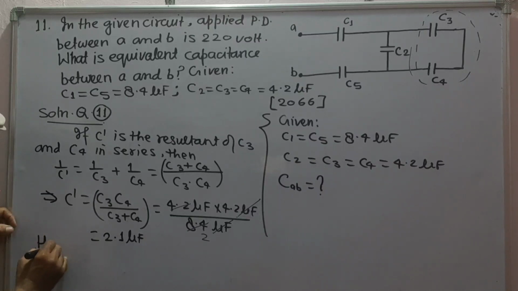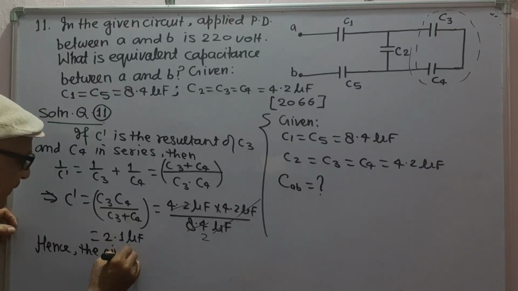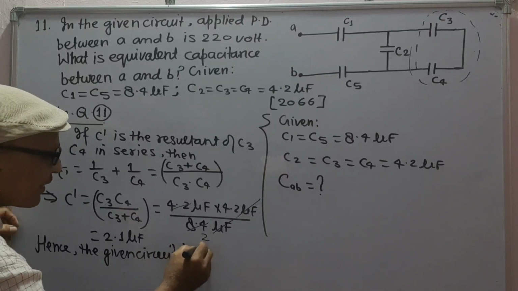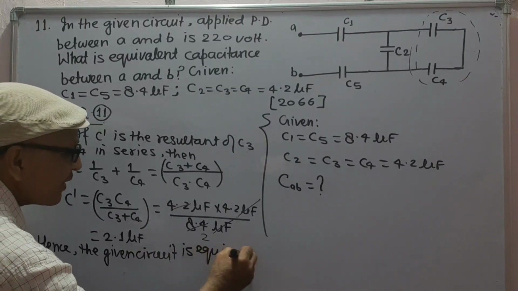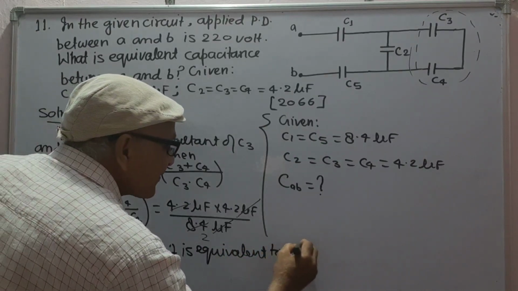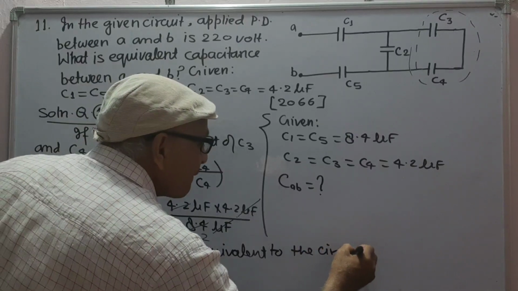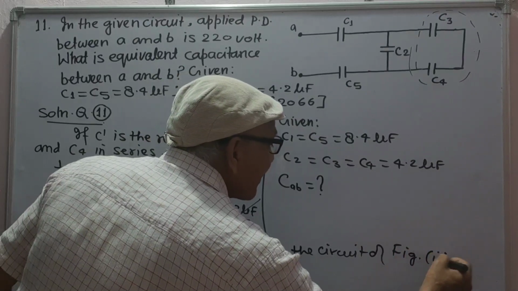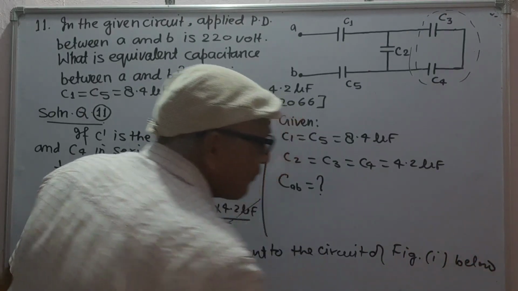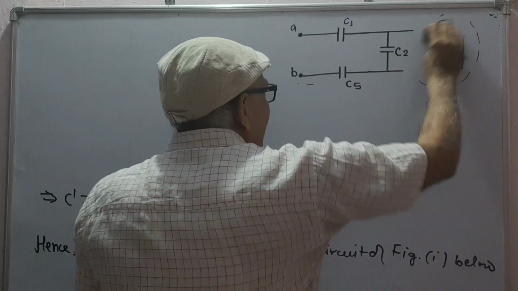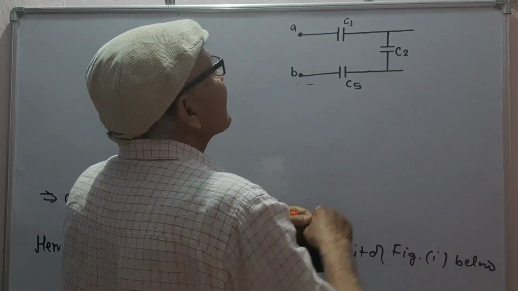Hence, the given circuit is equivalent to the circuit of figure 1 below. So, we can replace these two by their equivalent C dash.